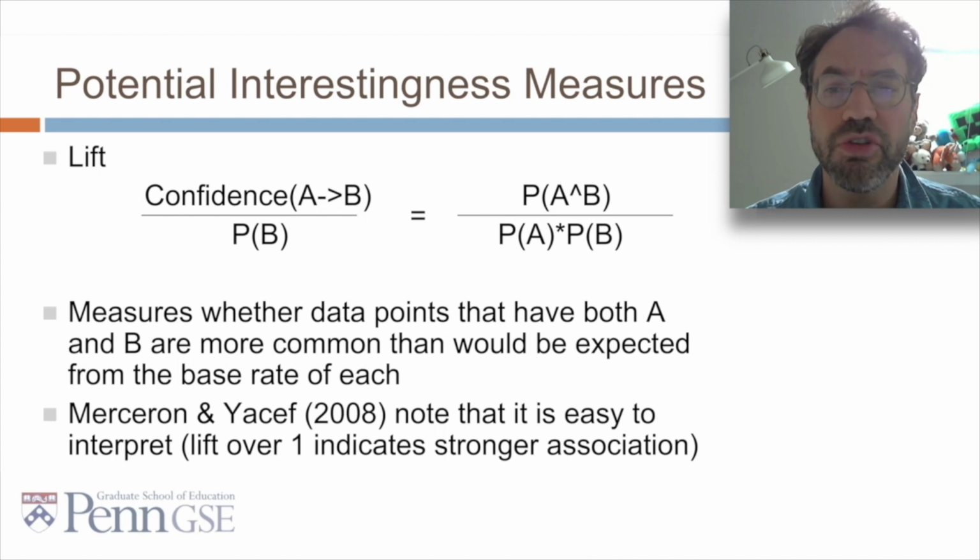And Merceron and Yosef note that lift is easy to interpret because anything above 1 indicates a stronger association. In fact, 1 just means that the probability of A and B is the same as their base rates multiplied together. So if it's over 1, then it means the probability of A and B is higher than you'd expect just from the probability of A and the probability of B taken alone.